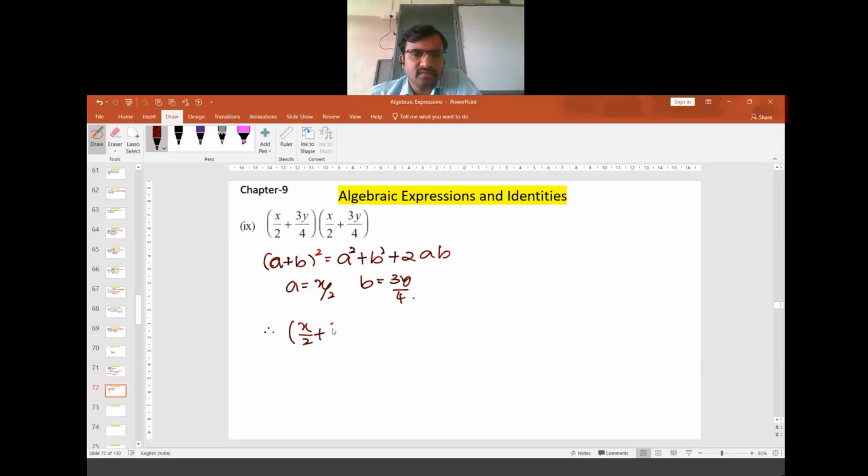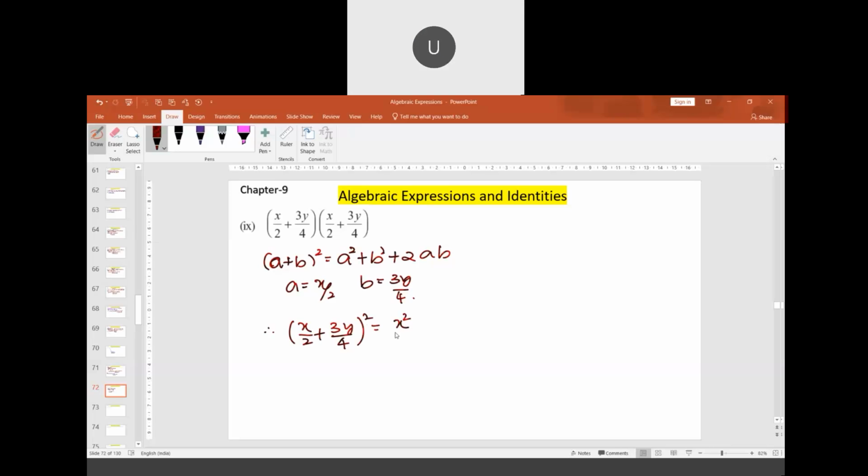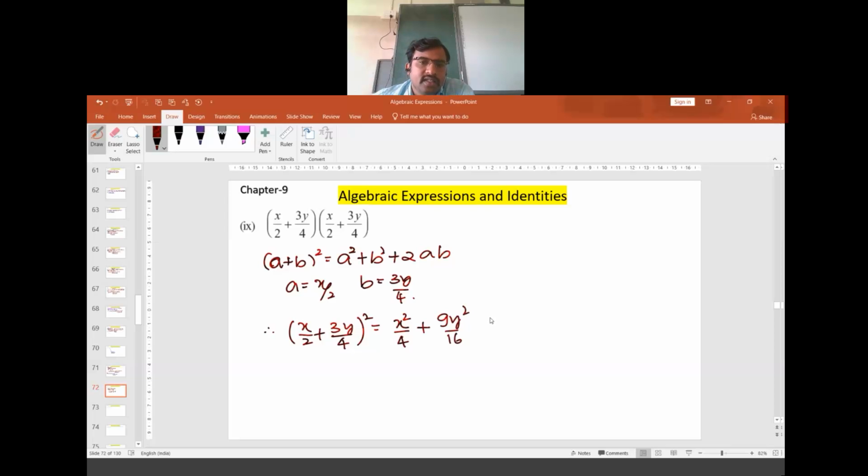Therefore, (x by 2 plus 3y by 4) whole square will be equal to (x by 2) whole square, which is x square by 4, plus 9y square by 16, plus 2ab.